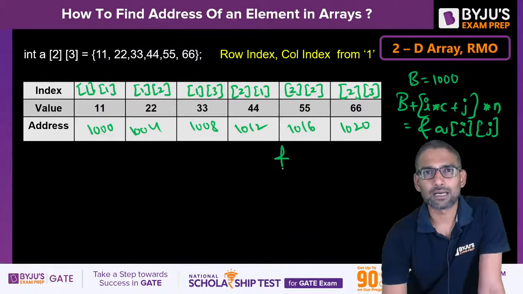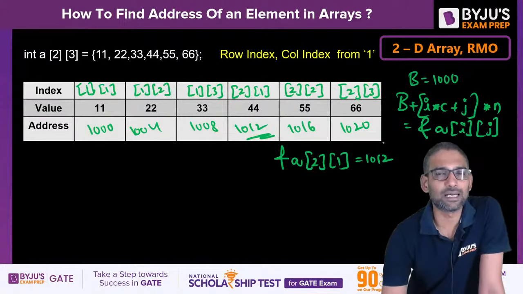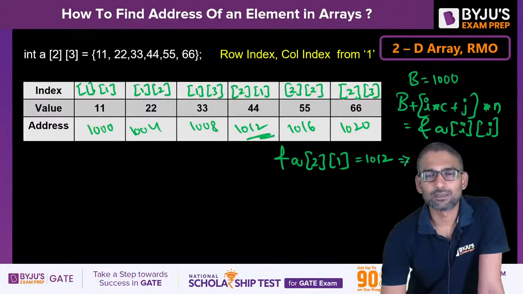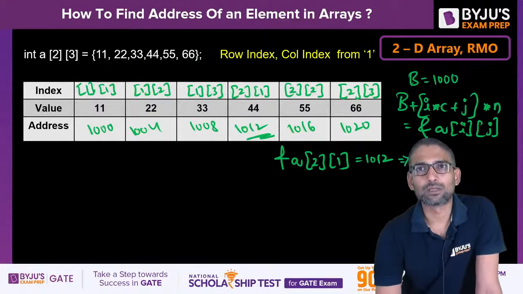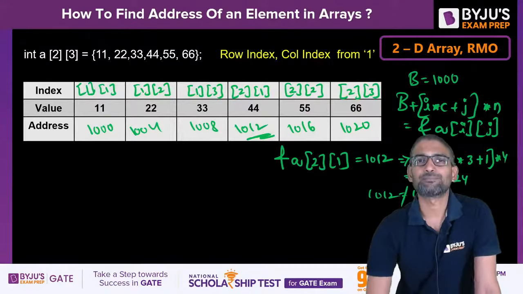If I take the address of A of 2, 1, actually what is the address of A of 2, 1? 1012. Let us apply this formula and see. Is it equal to 1000 plus I is 2 into number of columns 3 plus J is 1, whole into 4? This is 1000 plus 2 3s are 6, 6 4s are 24. Is 1024 and 1012 the same?